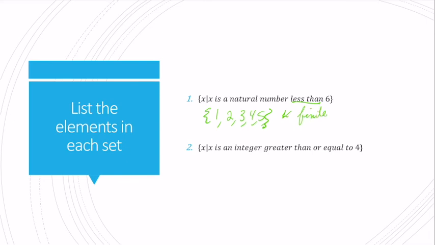What if I said x is an integer greater than or equal to 4? So 4 is included. 5, 6, 7, 8. Wait, the integers are infinite. They go on forever. So this is an example of an infinite set, which I always misspell when I'm typing.